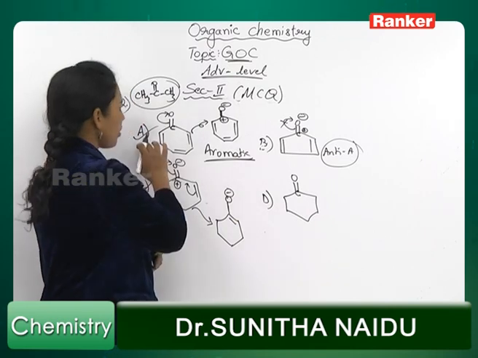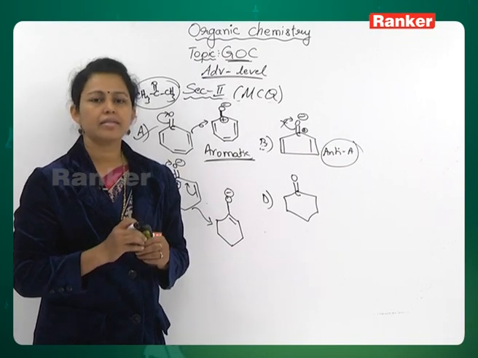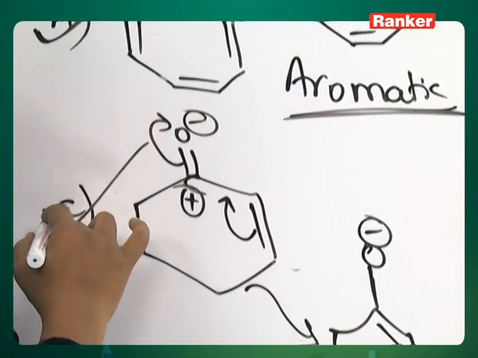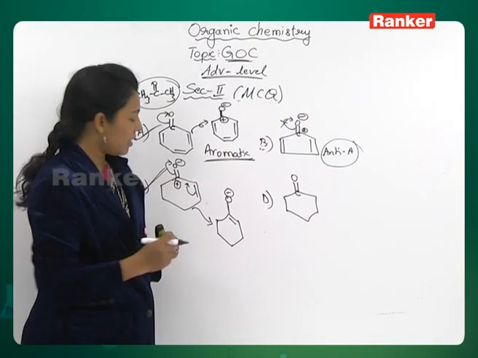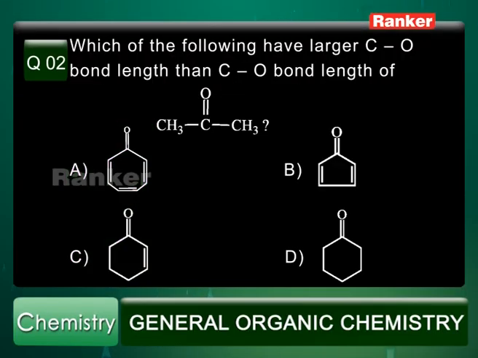Only compound A and compound C will show polarization. As a result, the C-O bond length increases. So we can select option A and option C as the correct answers. Hence the correct answer for this question is option A and option C.